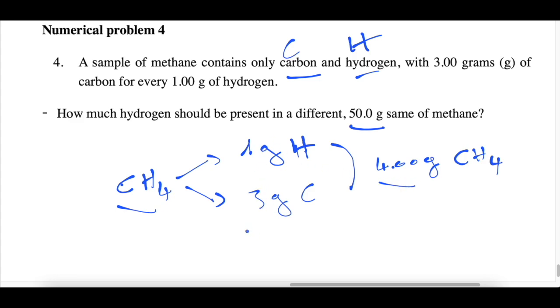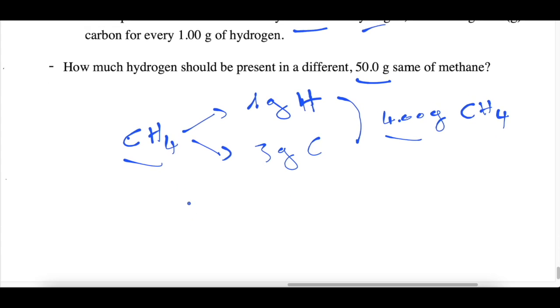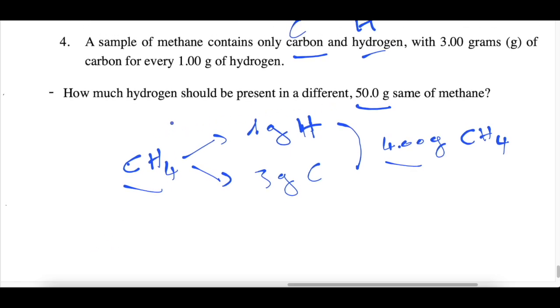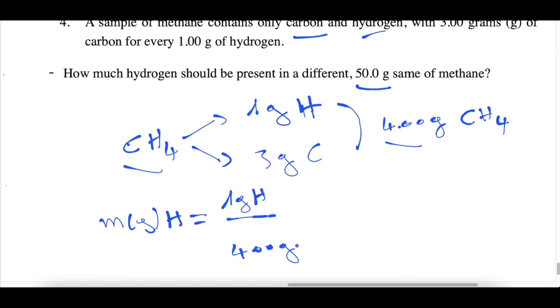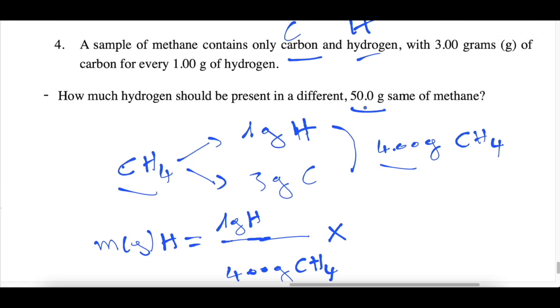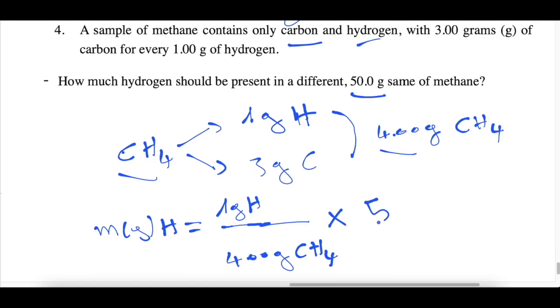By a simple relation from dimensional analysis, we can get the mass of hydrogen in grams. We can give 1 gram of hydrogen for every 4.00 grams of methane, times the given mass of the same methane. Here we have 50.0 grams of methane.